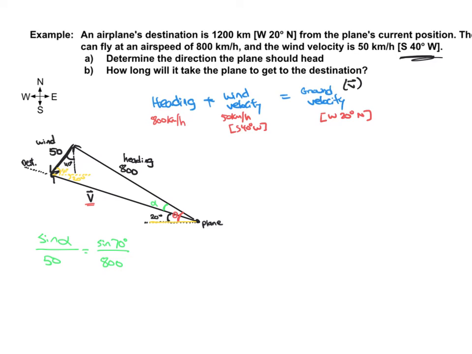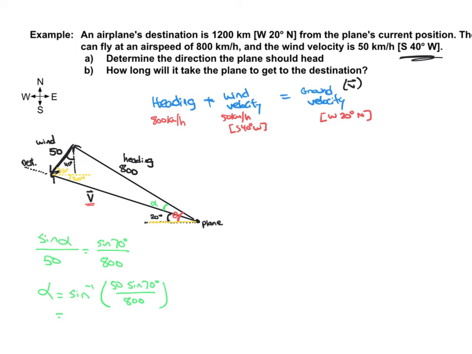And then I do all the mathematical steps for the sine law. So it's going to end up being the sine inverse of 50 times sine 70 over 800. So just multiplying 50 to both sides and then taking the sine inverse, that'll get me the angle there.